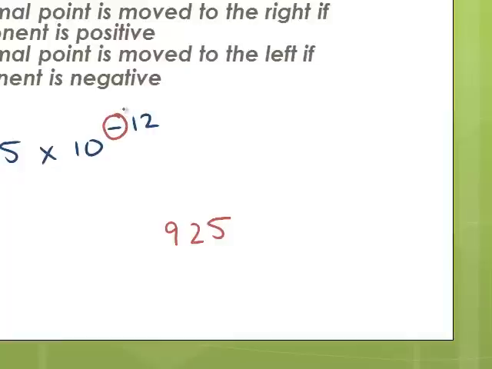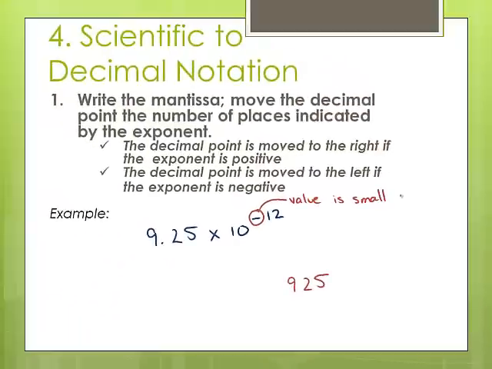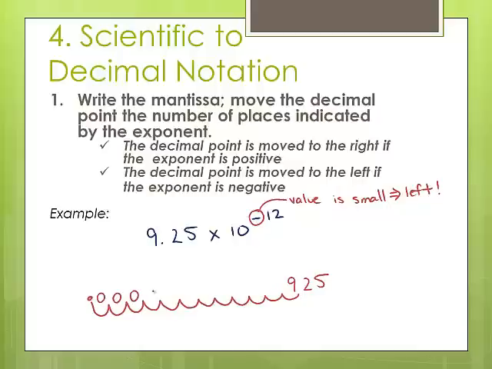Because we have a negative exponent, that means that the value should be small, meaning that I need to move the decimal place to the left. So I'm going to move it 1, 2, 3, 4, 5, 6, 7, 8, 9, 10, 11, 12 positions, and obviously I'm going to fill those extra place values in with zeros. So as you can see, this is exactly why we want to use scientific notation.